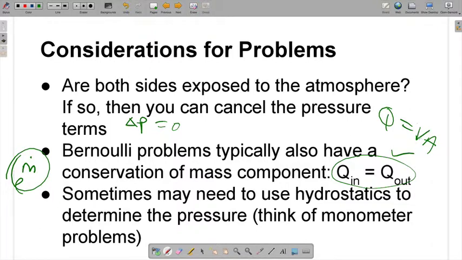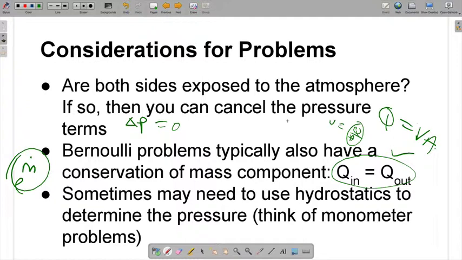So maybe they're not giving you the velocity, and they're not giving you the Q, or they are giving you the Q and the A, then you may need to rearrange these and solve for V, basically, right? So your V is Q over A, and maybe you end up plugging Q over A into the equation if you have to do something with the flow rate or they don't give you the velocity directly, right? So there are a lot of these types of things you can do as well: rearrange things and then just plug that in there.